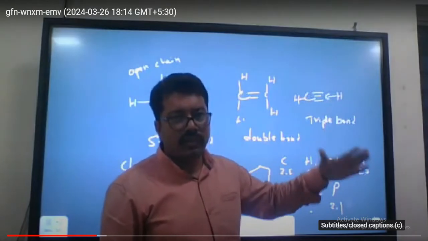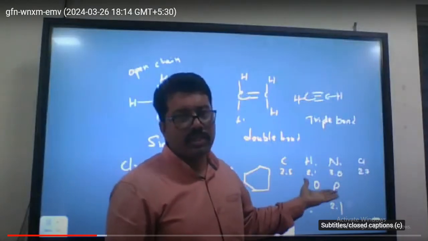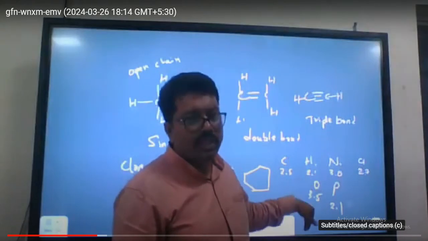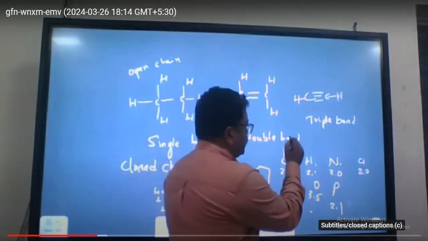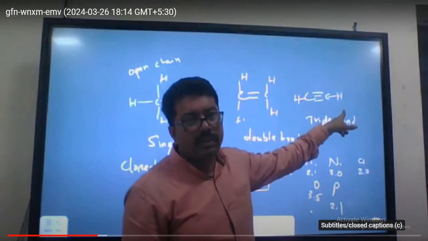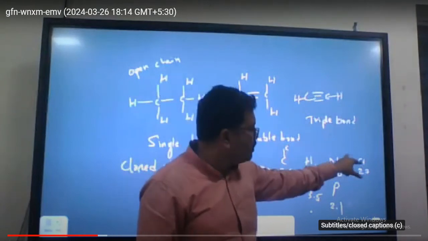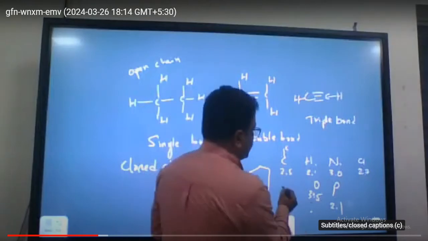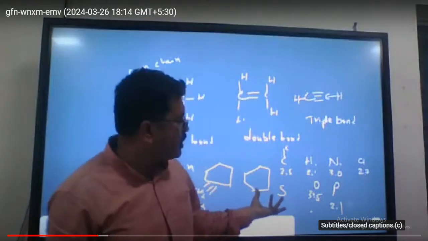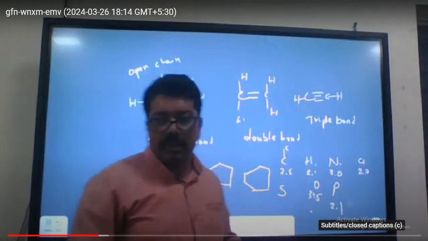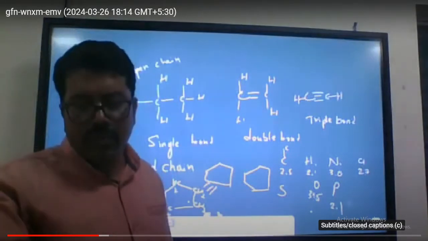Due to its small size, the carbon atom has a strong tendency to form multiple bonds, like double bonds and triple bonds, with carbon itself, and also with nitrogen, oxygen and sulfur. So these are heteroatoms in organic chemistry.